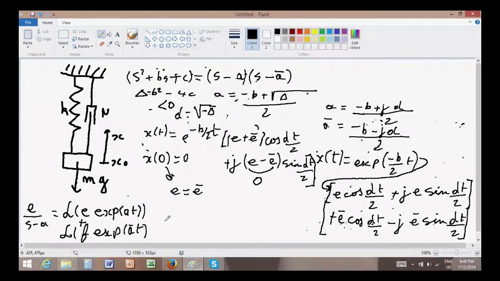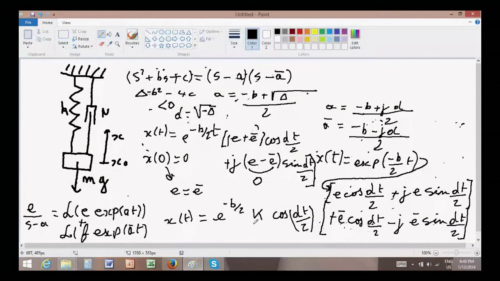Therefore remains that x of t must be equal to e to the minus b over 2 times a certain coefficient k times cosine dt over 2. Setting t equal to 0 implies that k must be equal to x0.